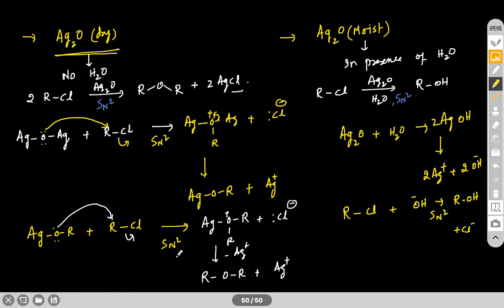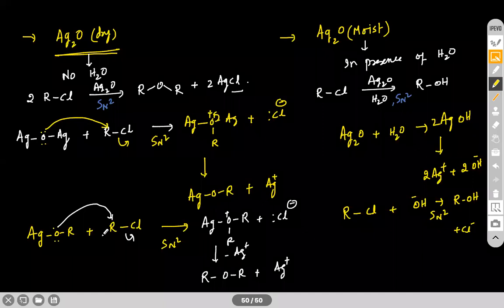Sir, this is more than one step. So how is it SN2? No, it's not more than one step. I have written here to make you understand this. See, this is SN2, a one step reaction. It ends up here. This won't form, it is an intermediate. This gives you this, and then again SN2, this gives you this. But SN2 doesn't give an intermediate, right?